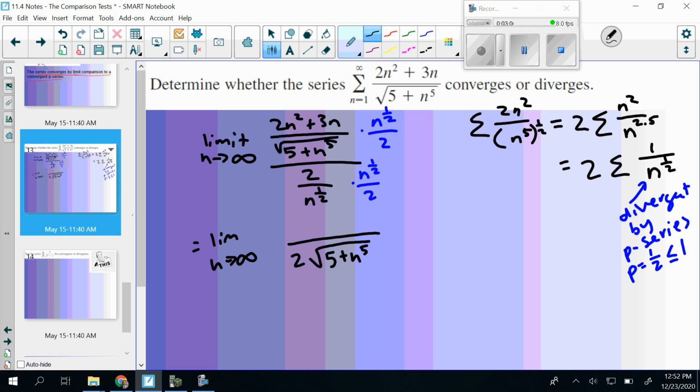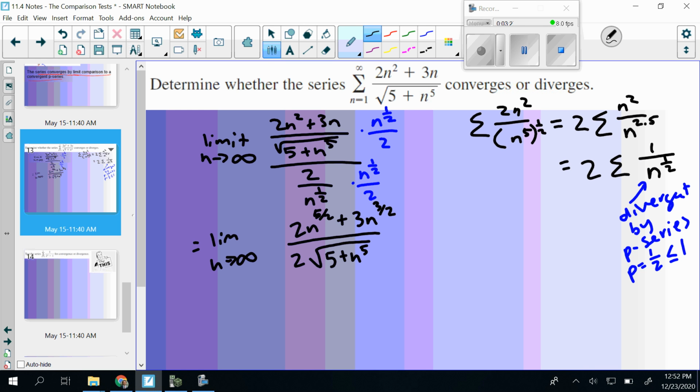On top, let's distribute that n to the half. If we add that to each one, this is going to be 2n to the 2 plus a half, which is 5 halves, and 1 plus a half is going to be n to the 3 halves power.